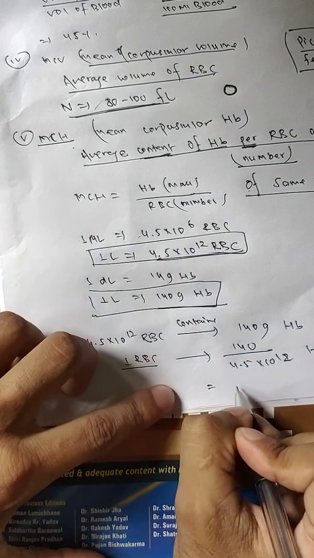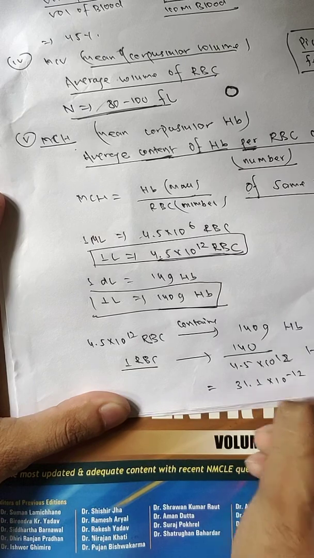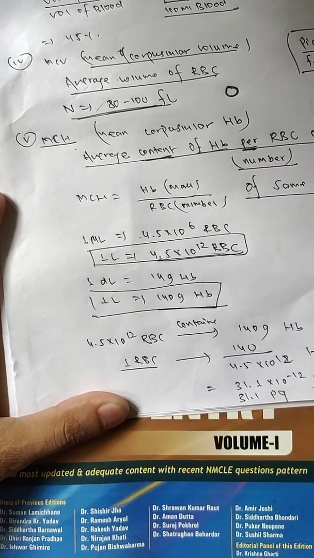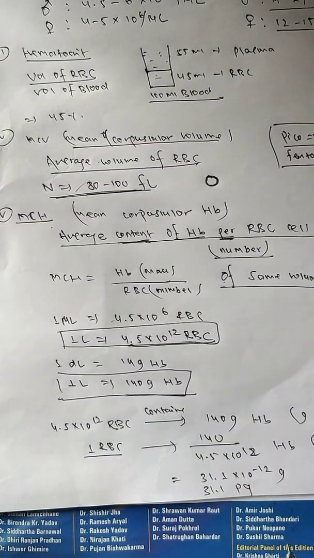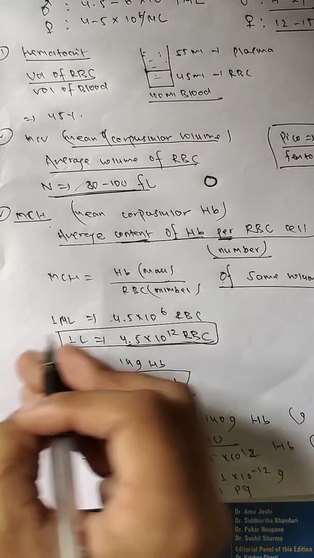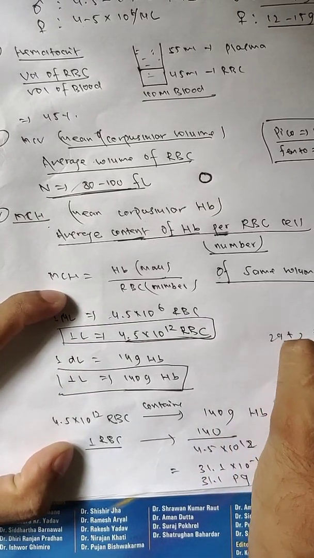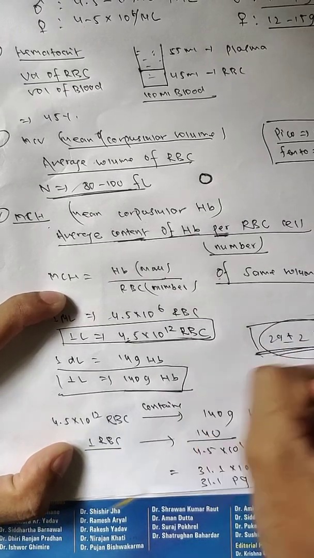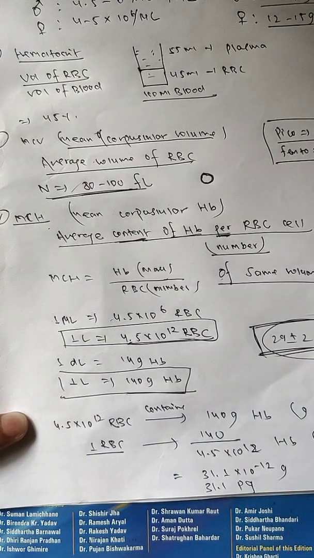This value comes to 31.1 into 10 to the power minus 12 gram, that means 31.1 picogram. The normal value of MCH is 29 plus minus 2 picogram. This is not the concentration, this is the mass of hemoglobin in one single RBC.